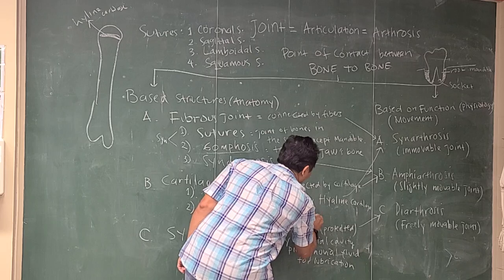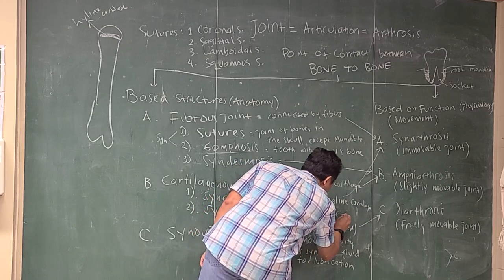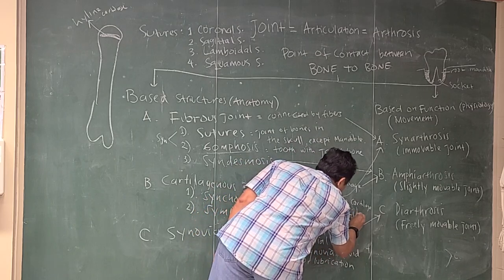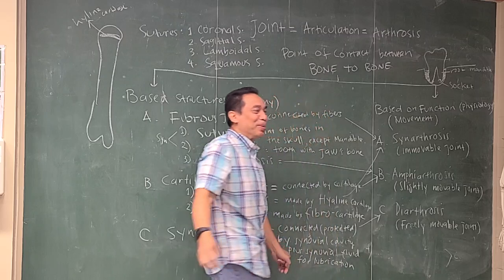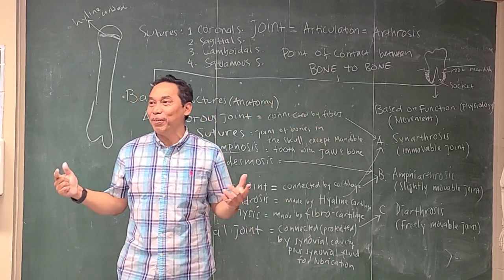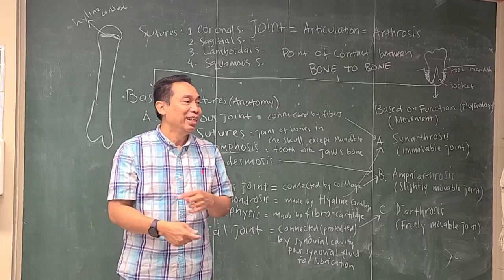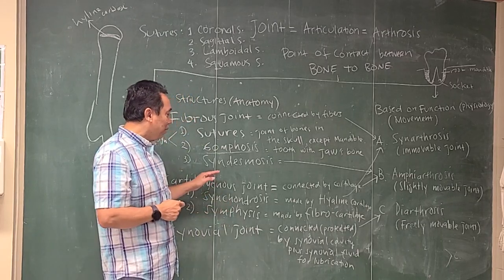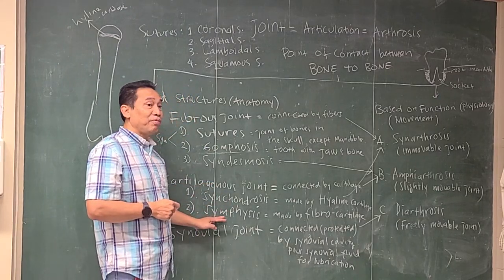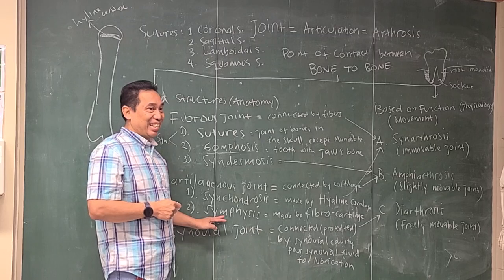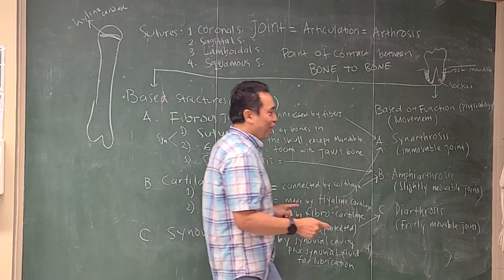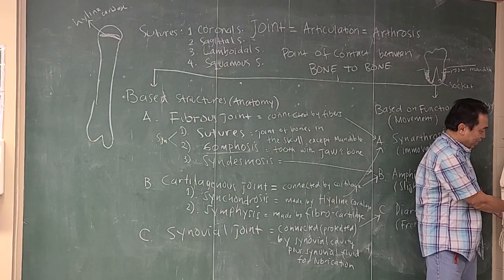Fibrocartilage. Yeah, I said it earlier. The strongest type of cartilage makes this bone-to-bone connection, and the name of the joint will be symphysis.